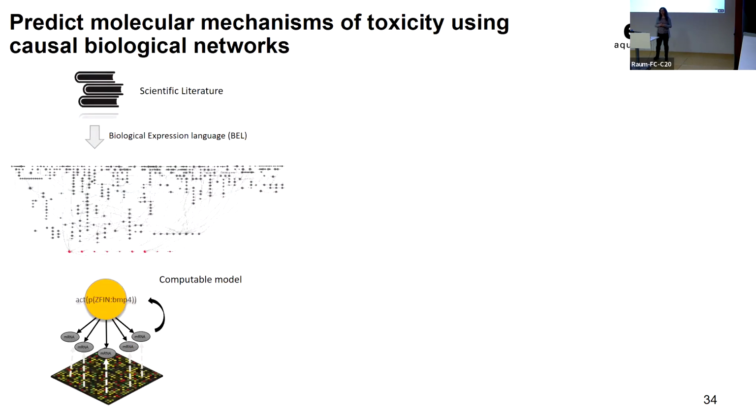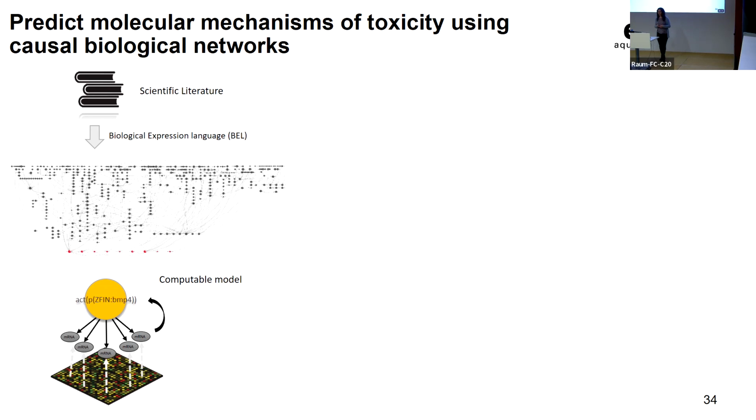Therefore, I teamed up with Anje Šupanik, who is a former group leader at UTOX, and a team of computational scientists from Philip Morris and the Fraunhofer Institute. We used a method called biological expression language, with which we extracted scientific knowledge from the literature and converted it to a computer-readable language.